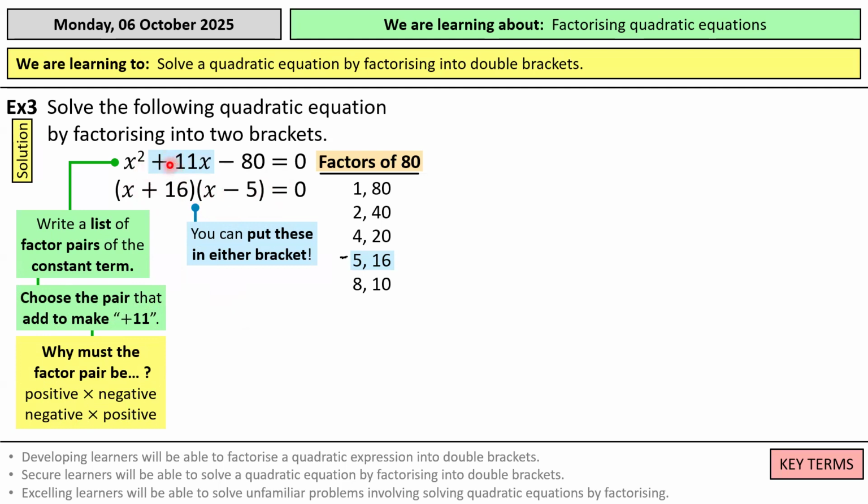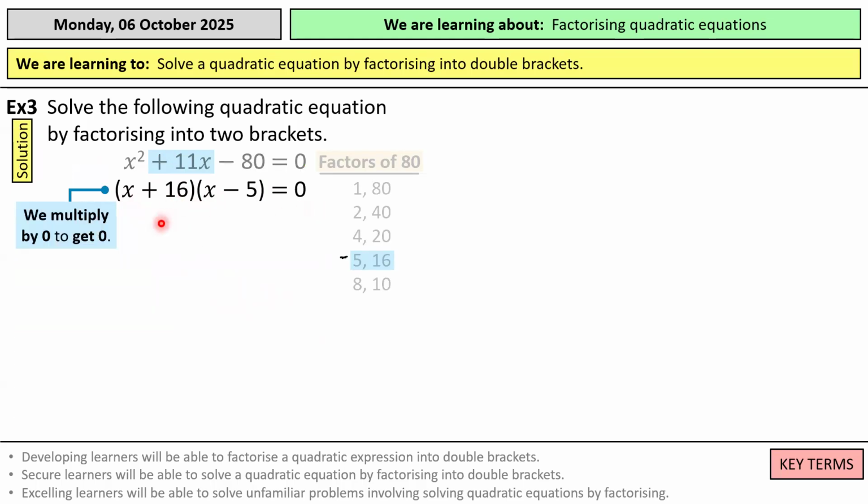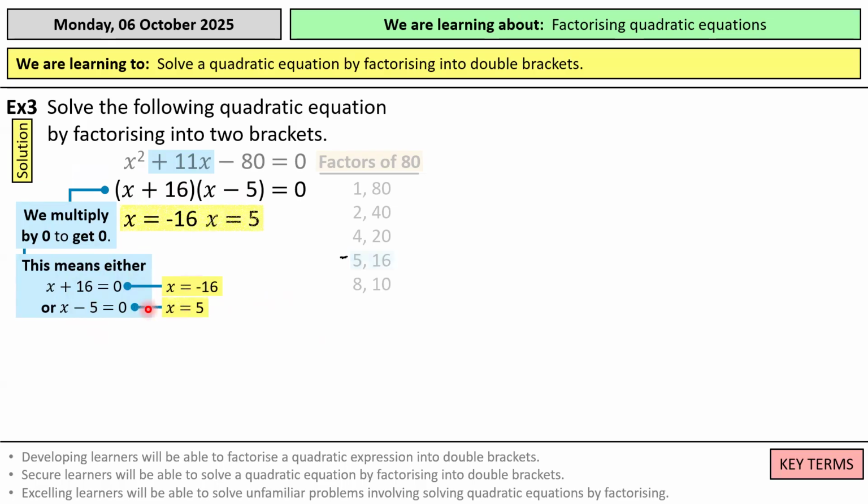The sum is positive 11. So x plus 16 equals 0, or x minus 5 equals 0. So x is equal to negative 16, because positive 16 becomes negative 16 when you move it to the other side. Negative 5 becomes positive 5 on the other side. So these are the answers.